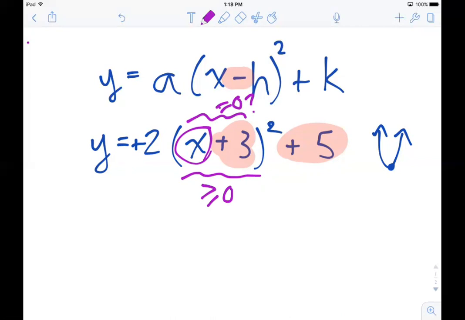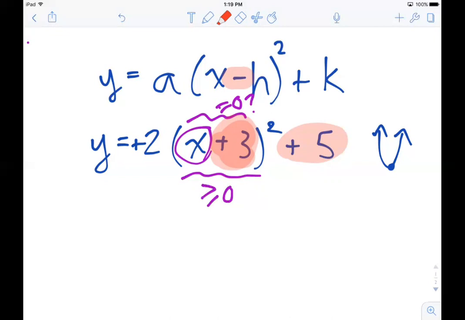Well, if you think about that for a second, the special x value that makes this whole bracket piece equal to 0 happens to be the exact opposite sign of the number that we see inside the bracket with it. In other words, the perfect number that would make that bracket as small as it can possibly be is -3.